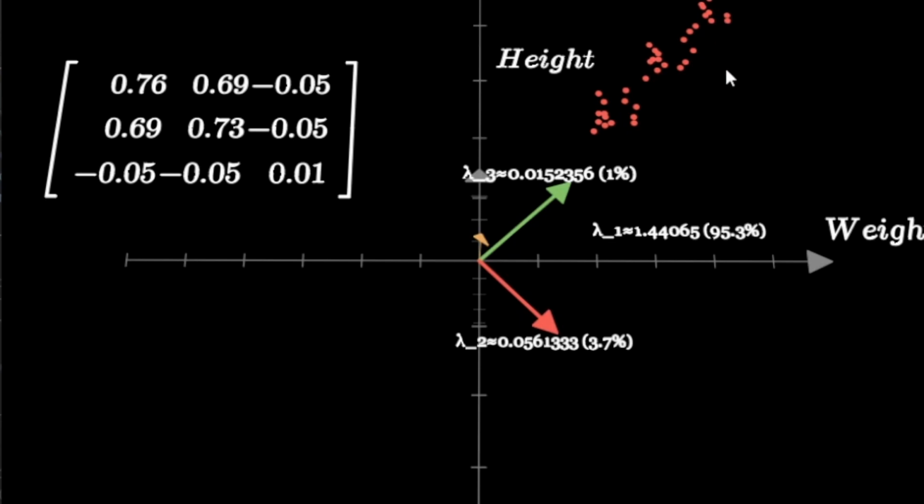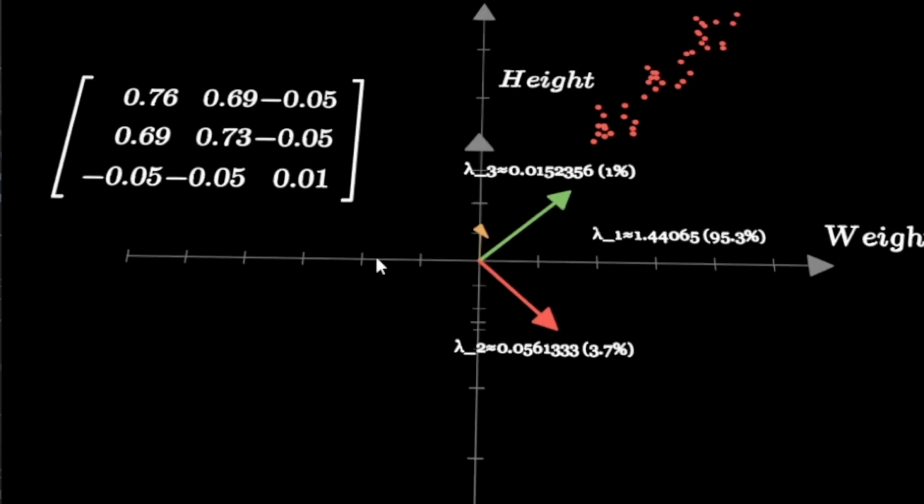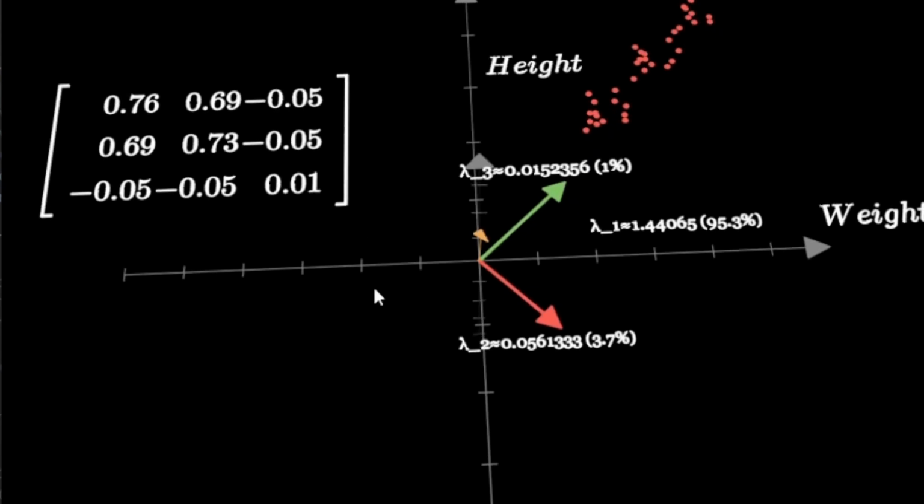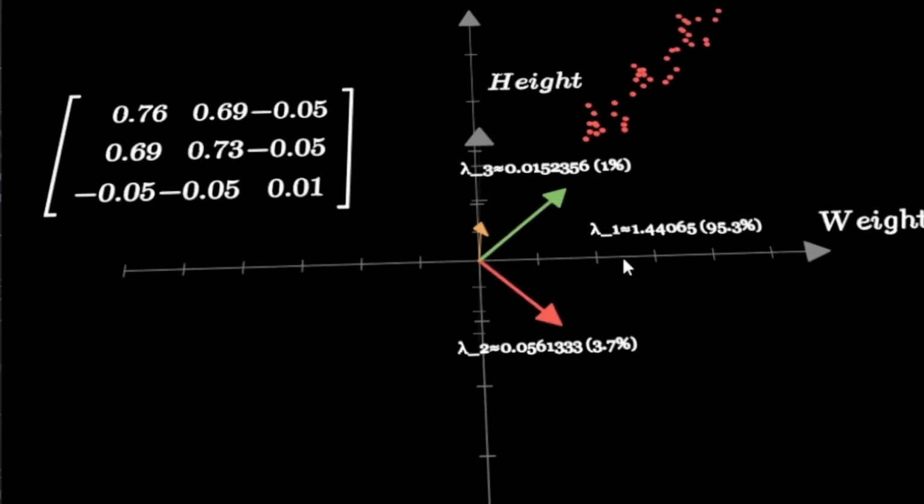And how much variance is being explained by each eigenvector? We can figure that out by dividing each eigenvalue by the sum of all the eigenvalues. It tells us that the first eigenvector, which is in green here, is explaining 95.3% of the total variance. The second eigenvector is explaining 3.7% of the total variance.